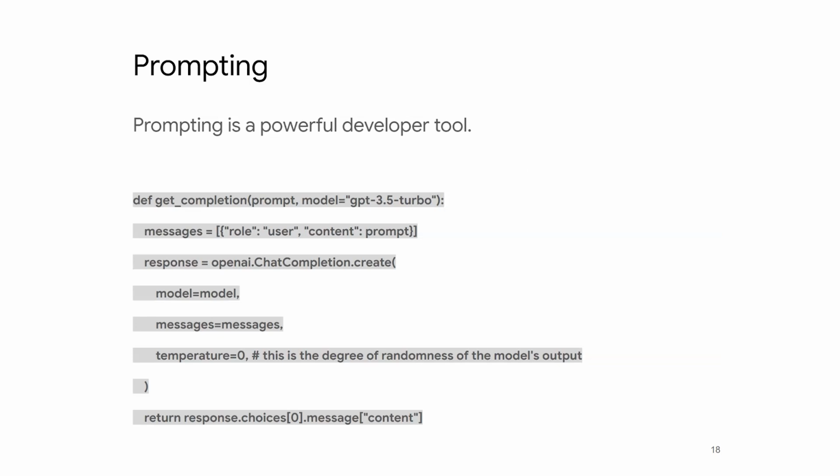And you say message is equal to messages. That is going to be the message that comes in from the user or from the model itself. And then you can say temperature is equal to 0, which is basically the randomness of the model's output, similar to what you do as hyperparameter tuning in a normal data science project. Then you can say return response is equal to choices or something like that. So this is what a basic kind of prompt would look like.